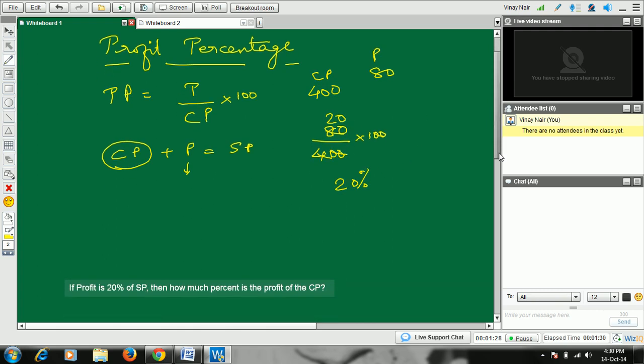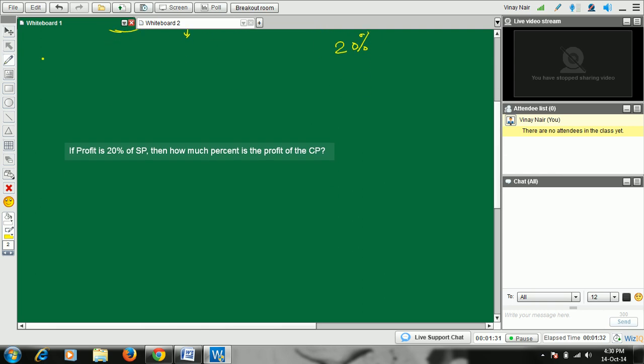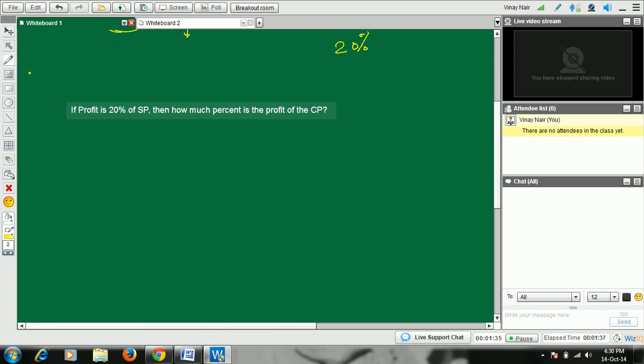Now if we have a question like this: if the profit is 20% of selling price, then how much percent is it of the cost price? Here we have cost price plus profit is equal to selling price.